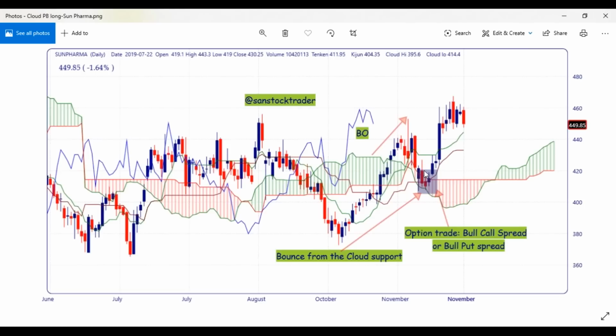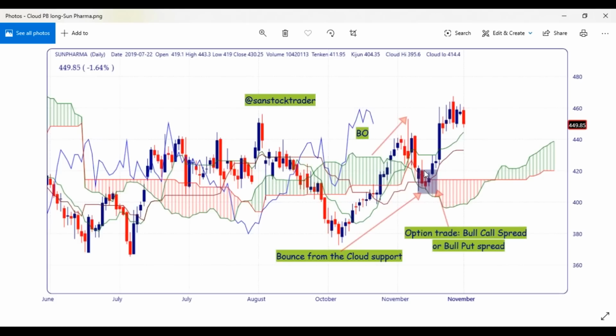That way you can combine option strategies. Or you can also go for a call ratio back spread: sell one in the money call option and buy two out of the money call options.